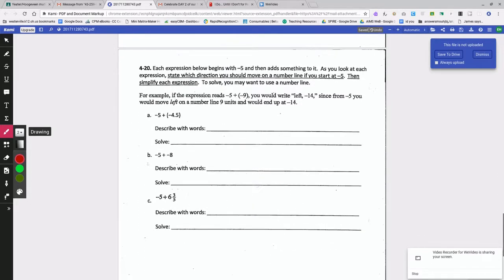All right, last problem here. Basically, you just need to look at the expression here. So this is -5 plus -4.5. You're just supposed to describe it with words.